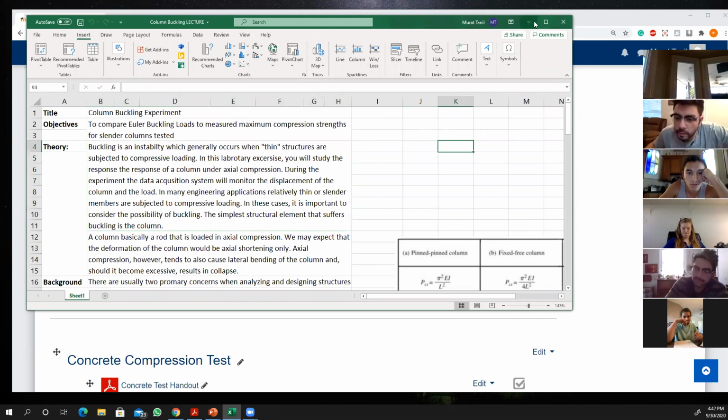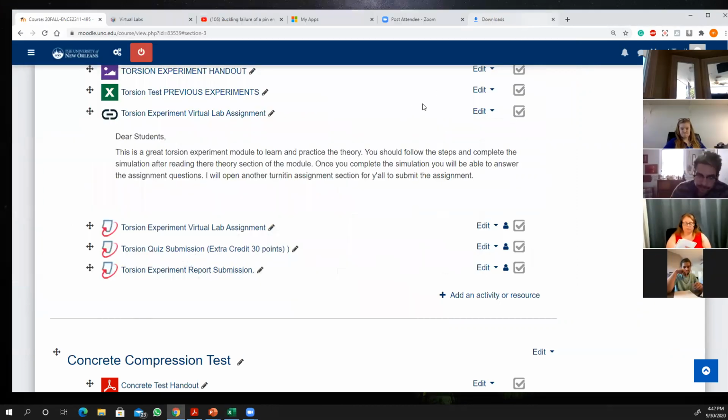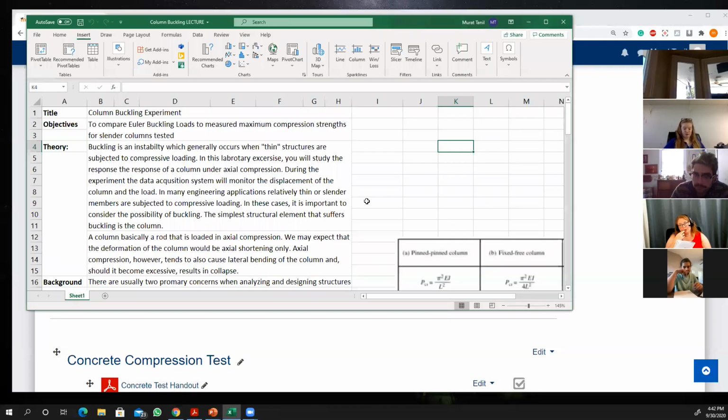Okay, what we saw so far, we look at the concrete experiments and the tensile experiments, as well as torsion. Those are different types of loading. In the column buckling, we are actually looking into the failure scenario of the specimen that we are testing.